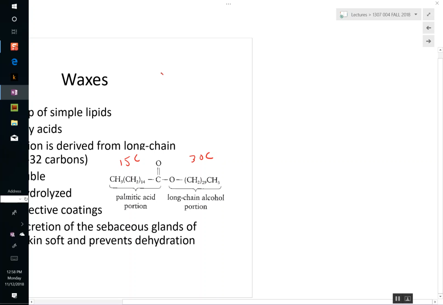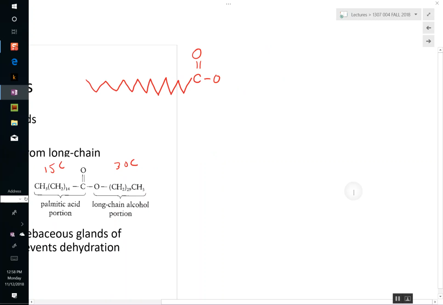So 15. 1, 2, 3, 4, 5, 6, 7, 8, 9, 10, 11, 12, 14, 15. You got that? And then you got 30. 1, 2, 3, 4, 5, 6, 7, 8, 9, 10, 11, 12, 13, 14, 15, 16, 17, 18, 19, 20, 21, 22, 23, 24, 25, 26, 27, 28, 29, 30.